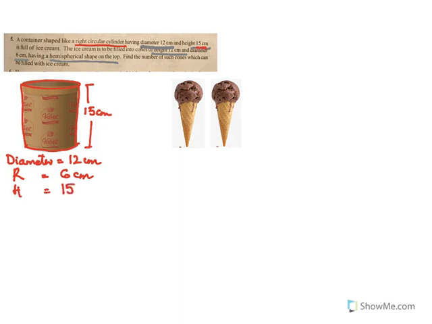Now this ice cream is poured into cones. These cones have got two shapes. If you see here, you have the cone, and then we have this hemisphere. So we're dealing with two shapes here. One is the cone, the lower part.